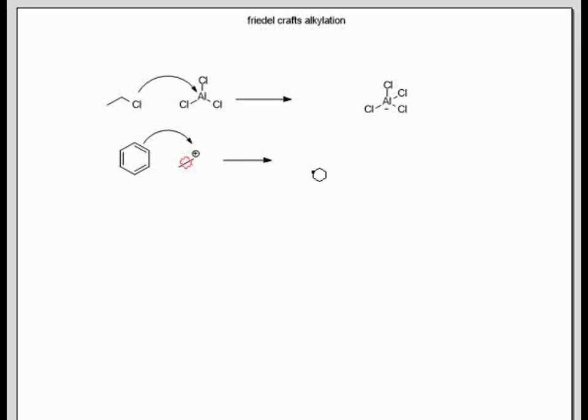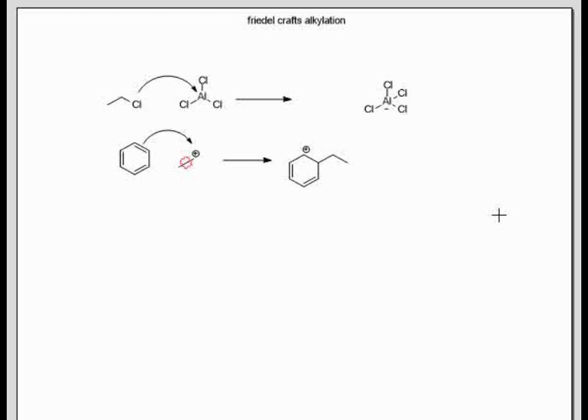The sigma complex somewhat looks like this. Let me just draw it. Yeah, and here we have a cation. So this is going to happen, and this is not the RDS.